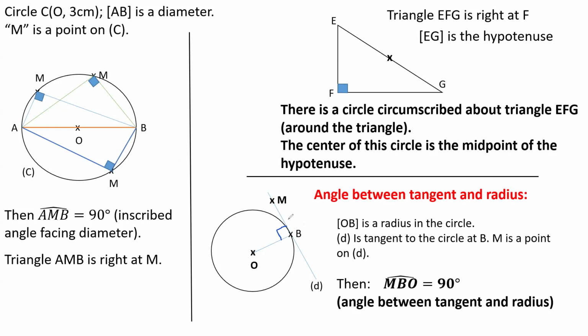Why? Since it is an angle between the tangent and a radius. So if I join OM, I can see that triangle OMB is right at B.